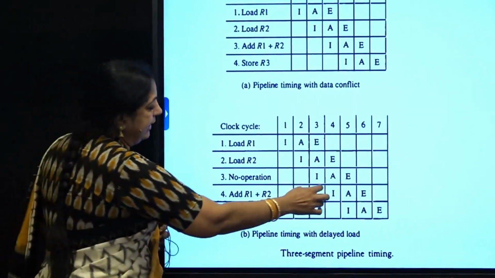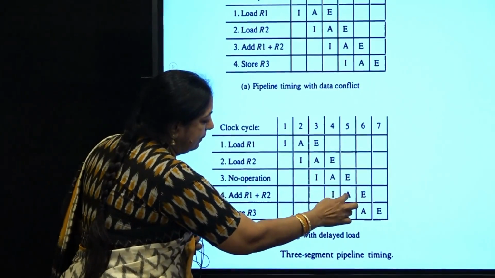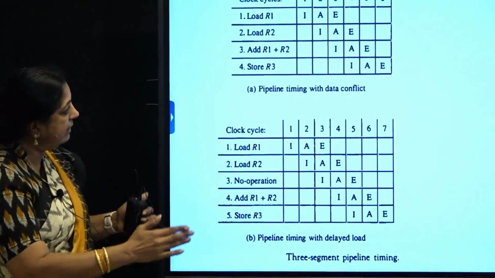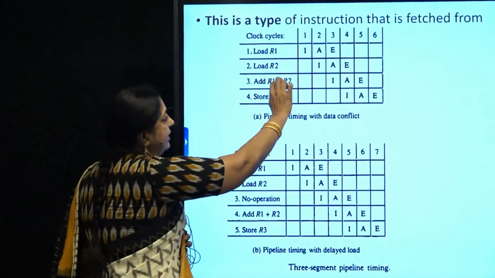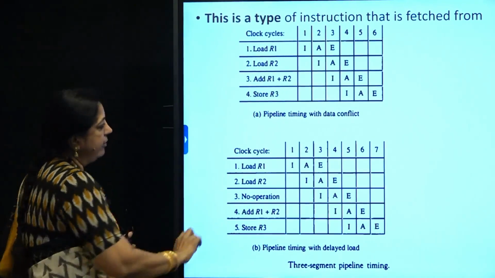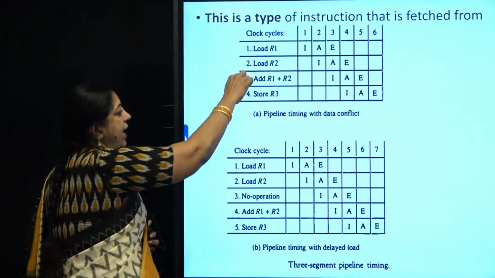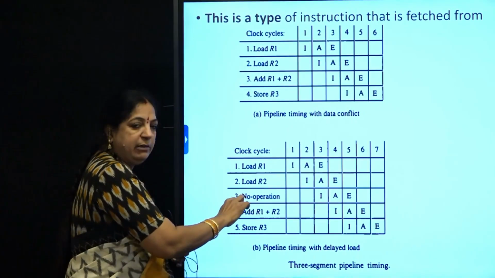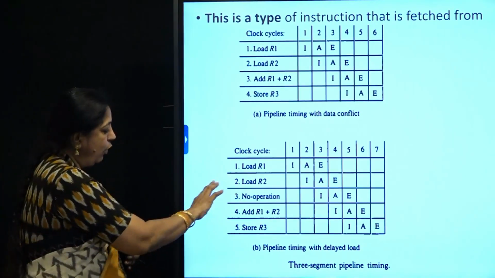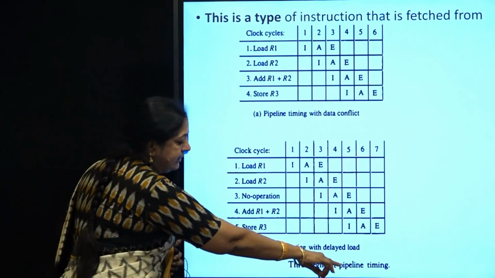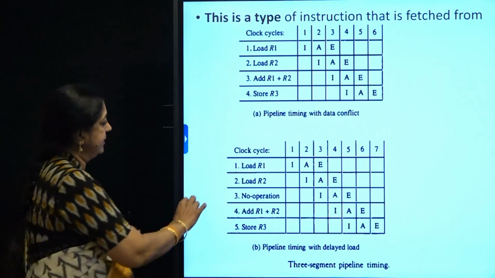Why are we delaying? Since this execution part is not over, we cannot use that here. So, till we complete the execution part, we are delaying the third step, and then we are doing add R1 and R2. That is why here we are having 4 instructions, here also 4 instructions, but in between we are having one no operation. So, this is with delayed load. All this is the 3-segment pipeline timings.